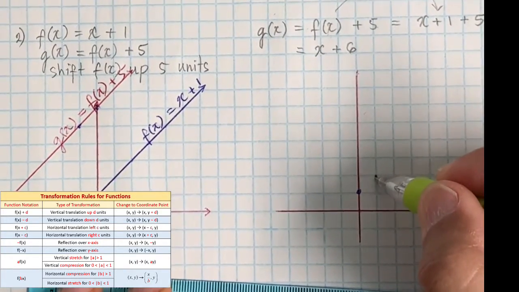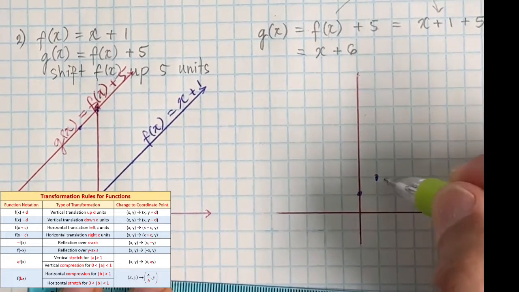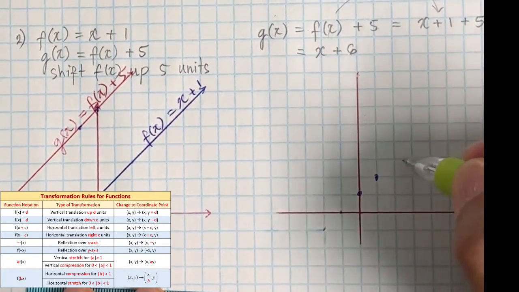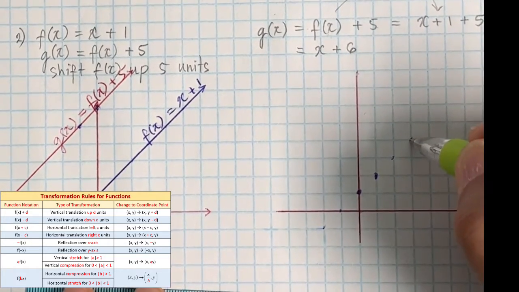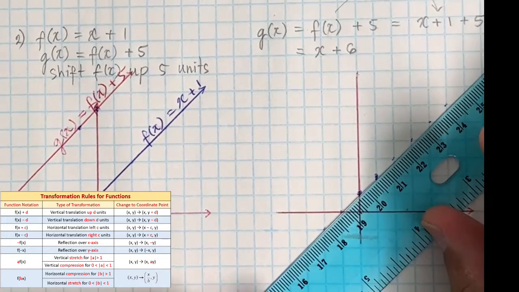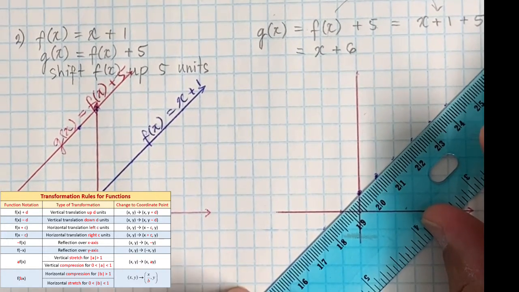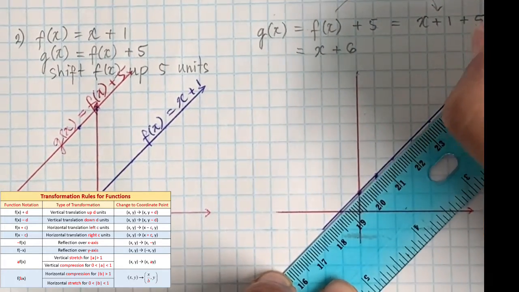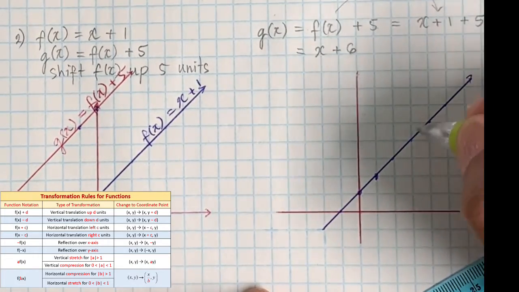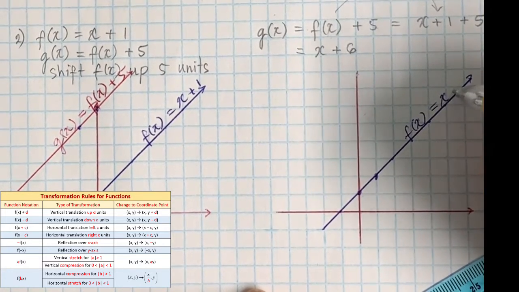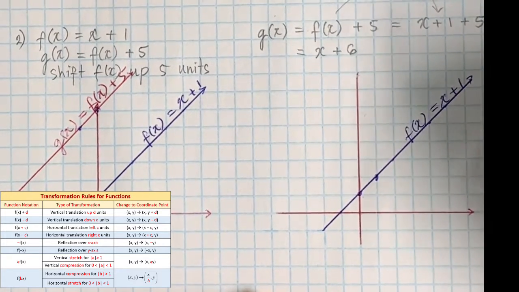So right here. See, it doesn't matter if you use this point or that point. You still get your f of x. So that is my f of x. And this is what? f of x equals x plus 1.